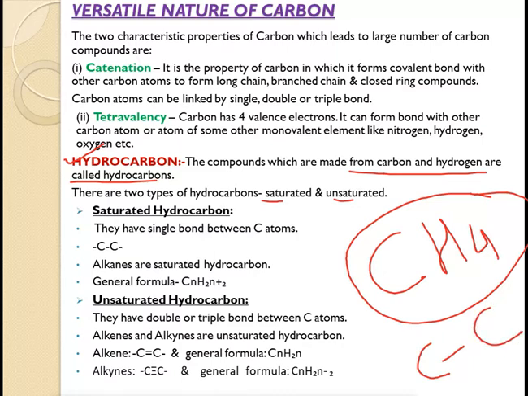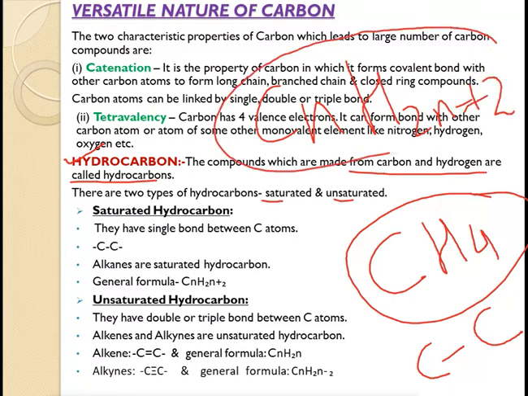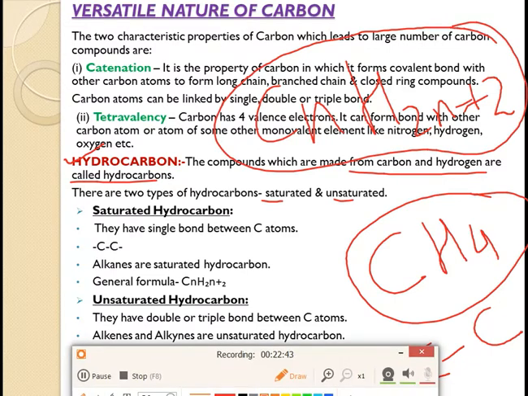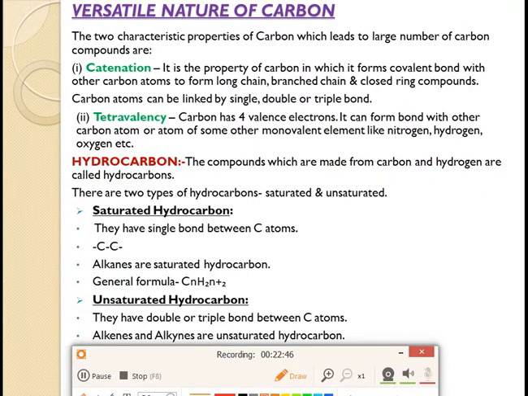Example, alkanes. Alkanes are saturated hydrocarbons and they have a formula CnH2n plus 2.